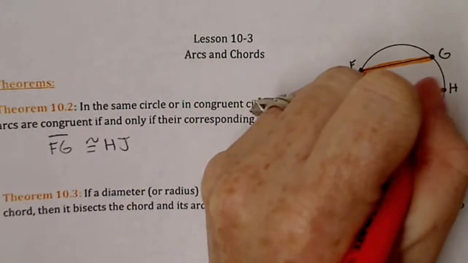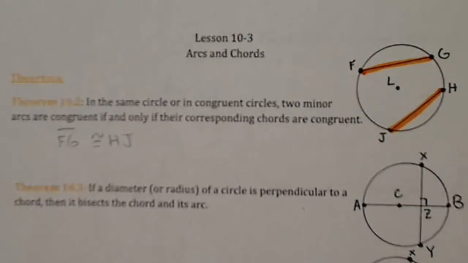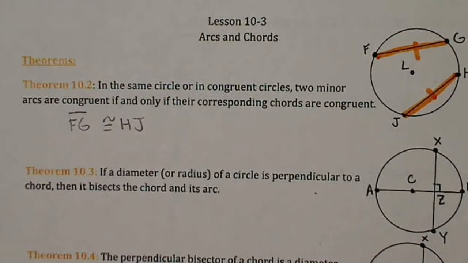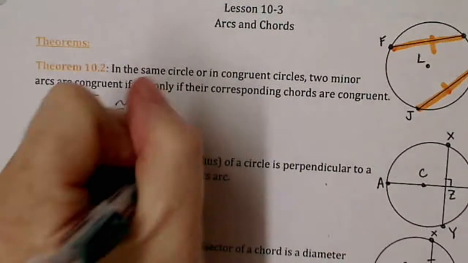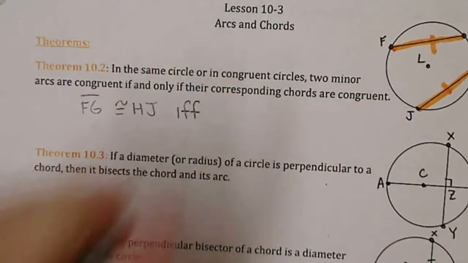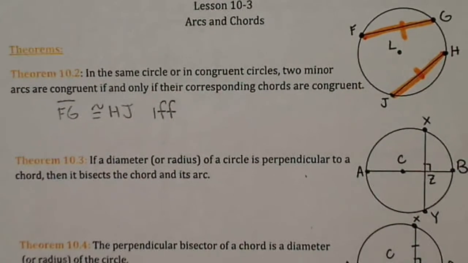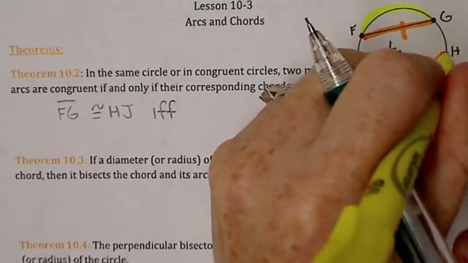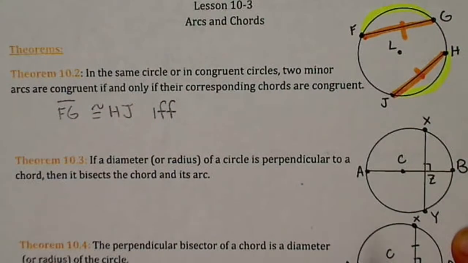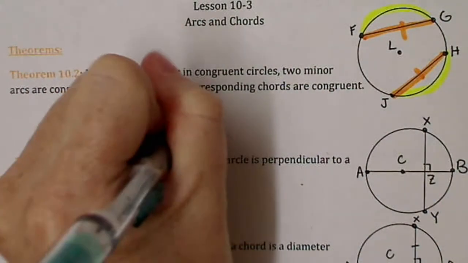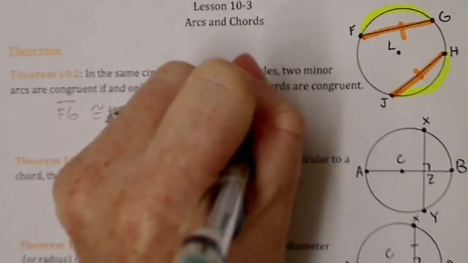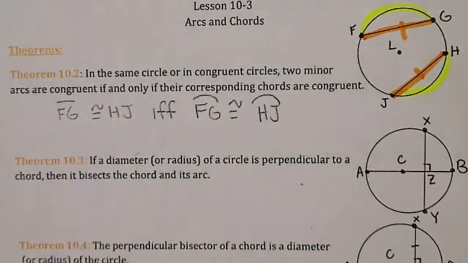If FG is congruent to HJ, then, or we have this if and only if, we can abbreviate that by putting iff, if and only if, their corresponding arcs are congruent, which is the arc FG would then be congruent to the arc HJ.